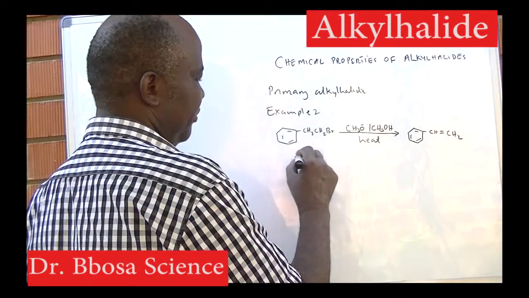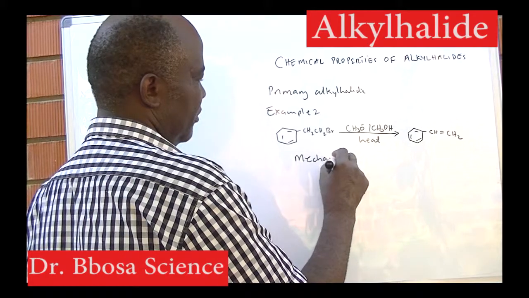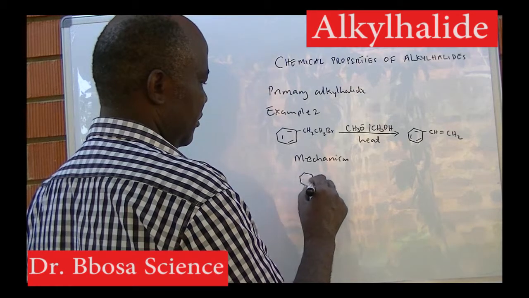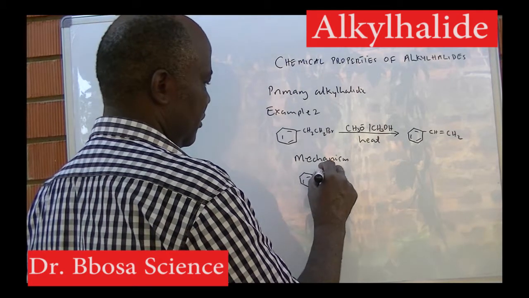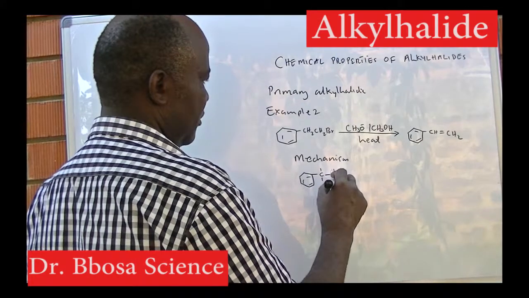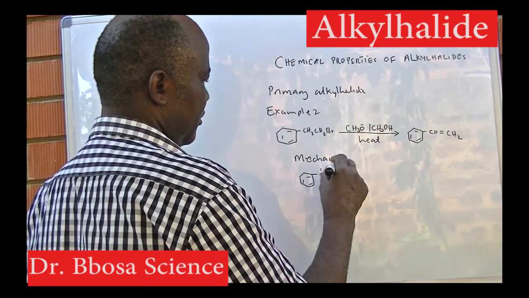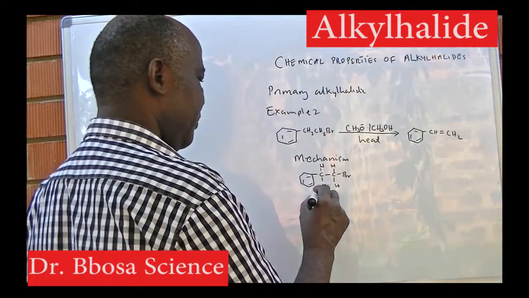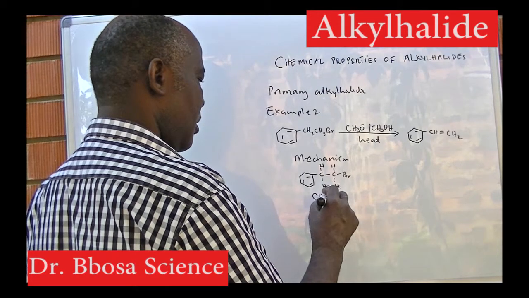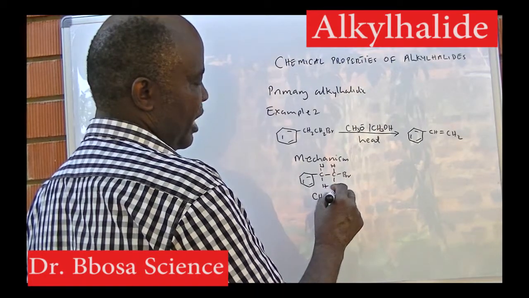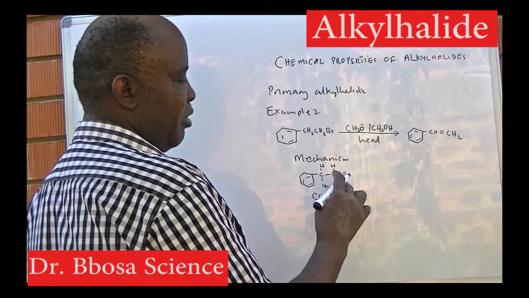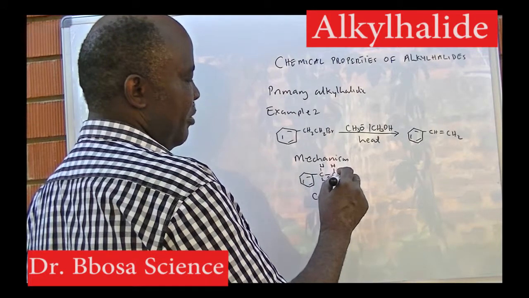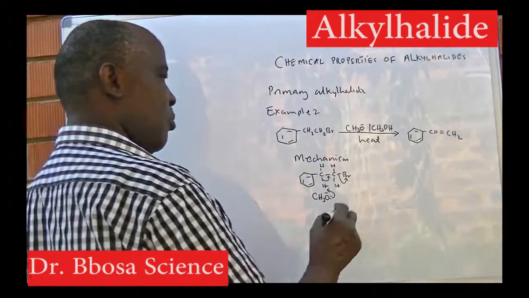Then the mechanism: the methoxide ion will pick a proton from a carbon next to the one carrying a bromine atom. The double bond forms. Then the bond between the carbon and bromine breaks.